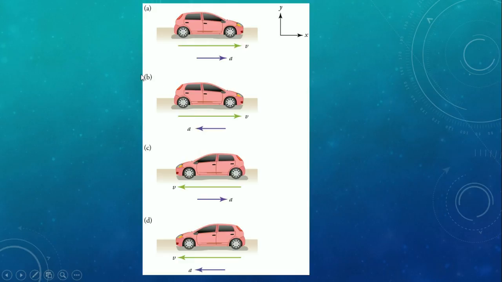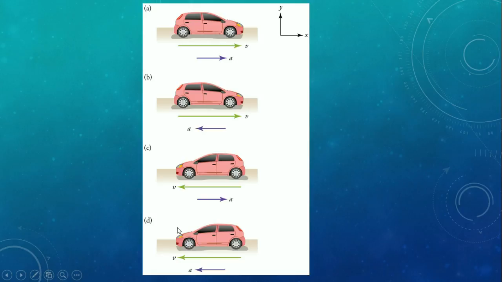But in this scenario, the car is still traveling to the right, but since acceleration is to the left, it will actually slow down. This car is traveling to the left, so negative direction, but acceleration is positive, so this car is going to slow down. And then this car is traveling in the negative direction, and it's also accelerating in the negative direction, so it's going to go faster in the negative direction.